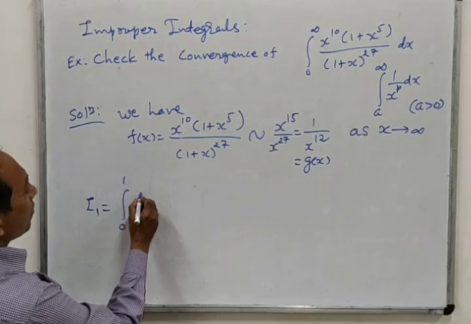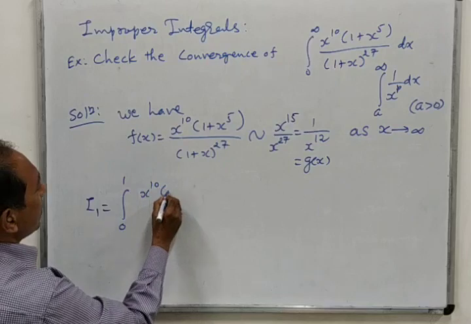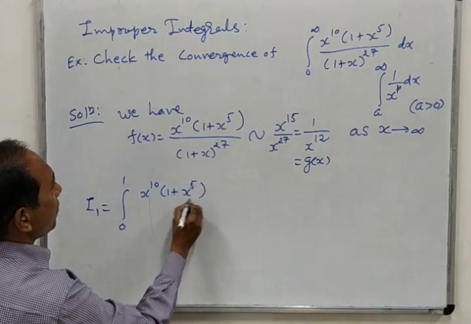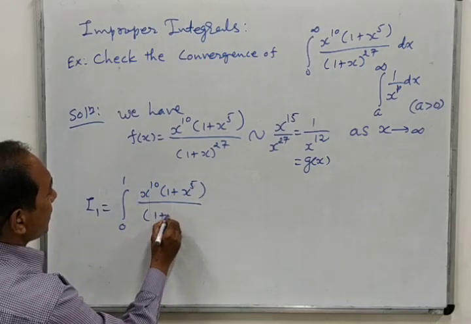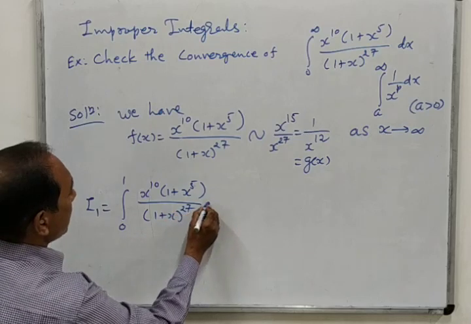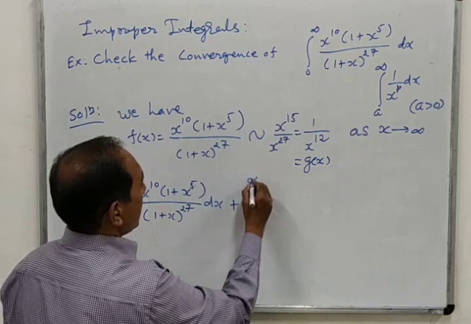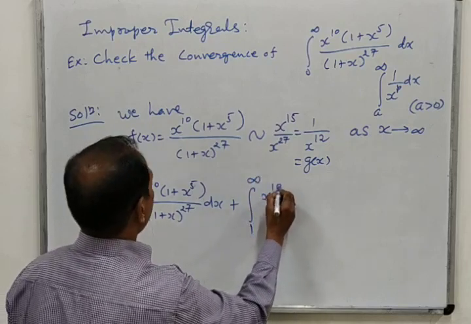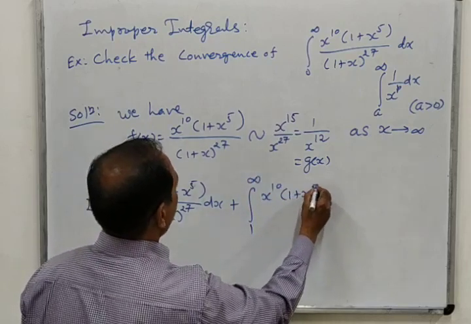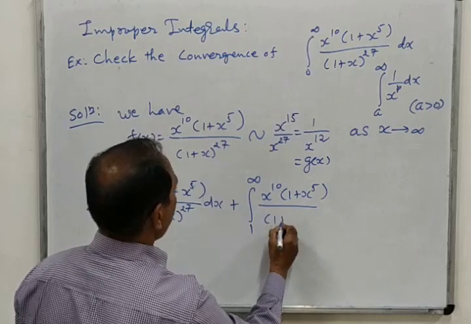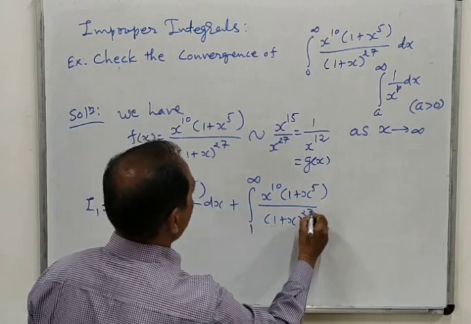First we will write down 0 to 1 x raised to 10 into (1 plus x raised to 5) divided by (1 plus x) whole raised to 27 dx plus 1 to infinity x raised to 10 into (1 plus x raised to 5) divided by (1 plus x) whole raised to 27 dx.